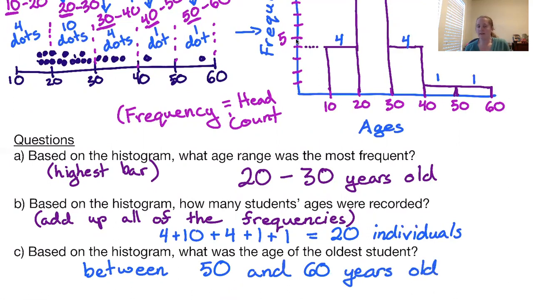Just looking at the histogram, we cannot see where that one individual is precisely, just that they are between 50 and 60. So the histogram is definitely a summary. We lose a little bit of information. We no longer know the specific data values.